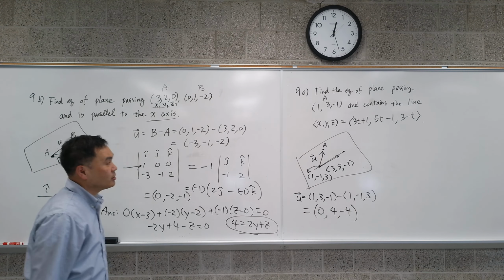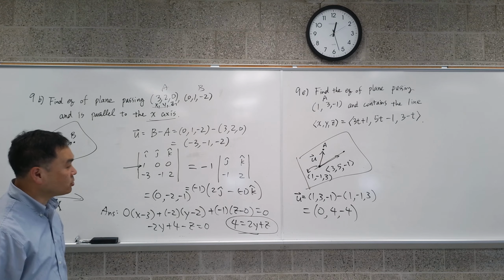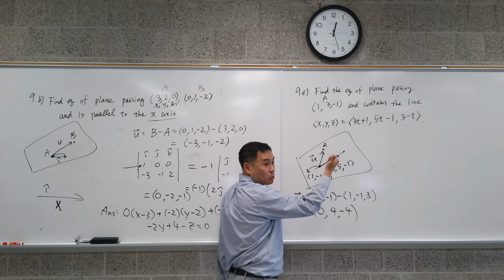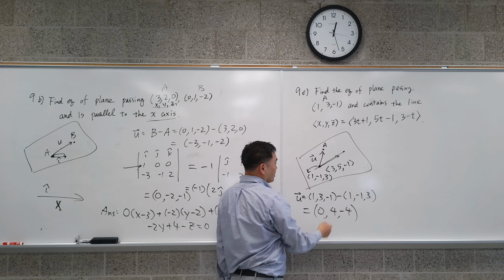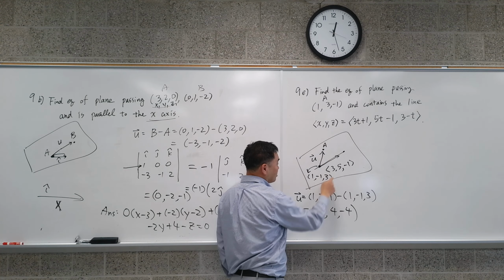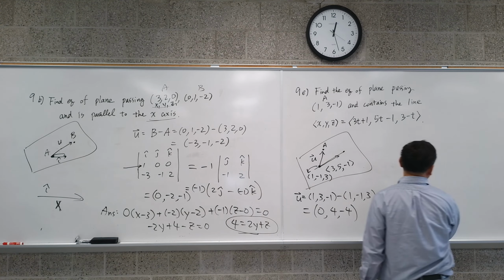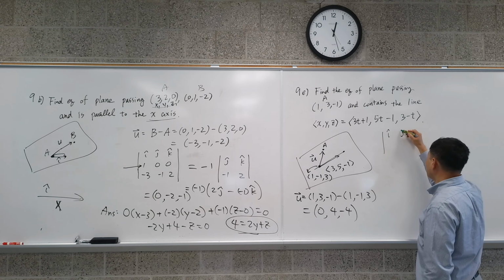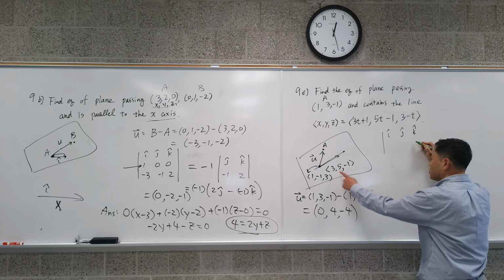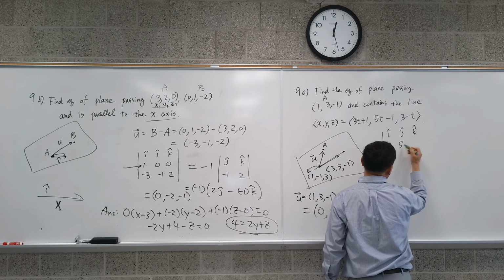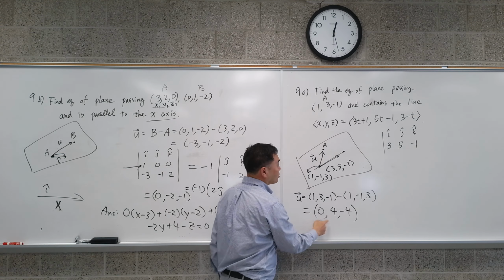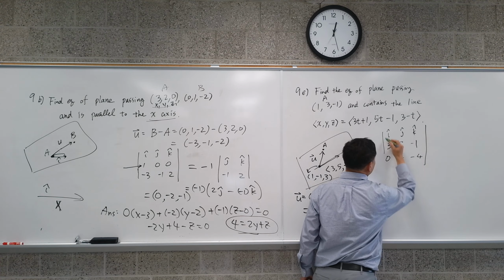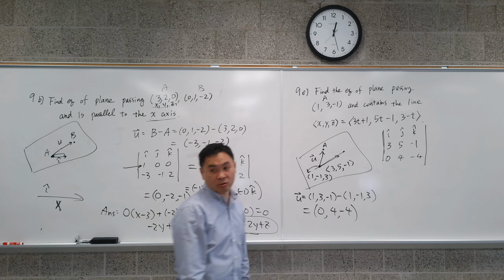So that's the vector u, and because I need to get a normal vector, let's just take the cross product of these two. So the normal vector is now going to be i, j, k. Just put this 3, 5, -1 here, and then put 0, 4, -4 here. That's going to give us the normal vector.